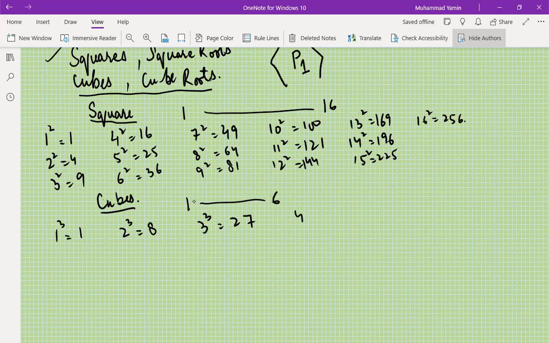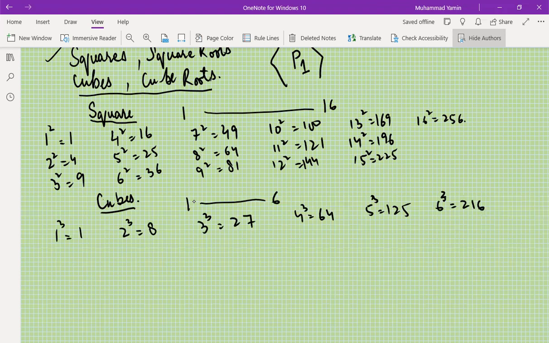Cube of 4 is 64. Cube of 5 is 125. And cube of 6 is 216.